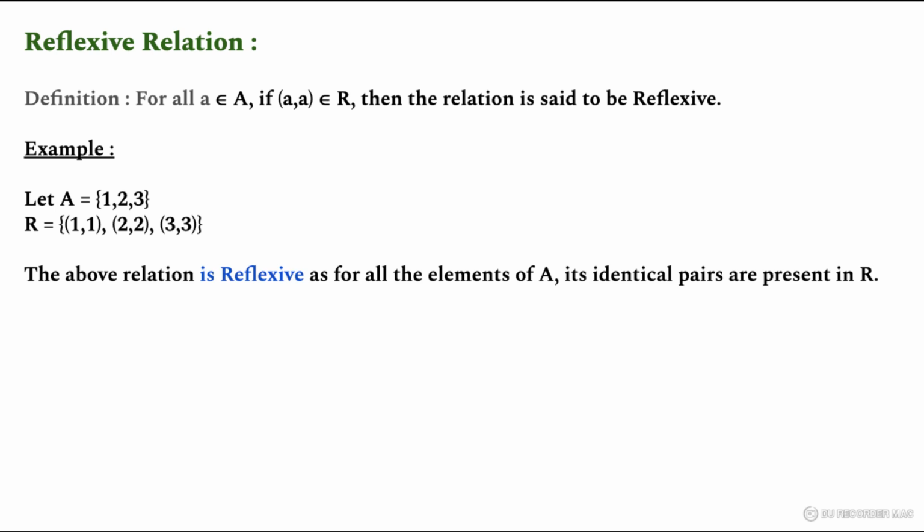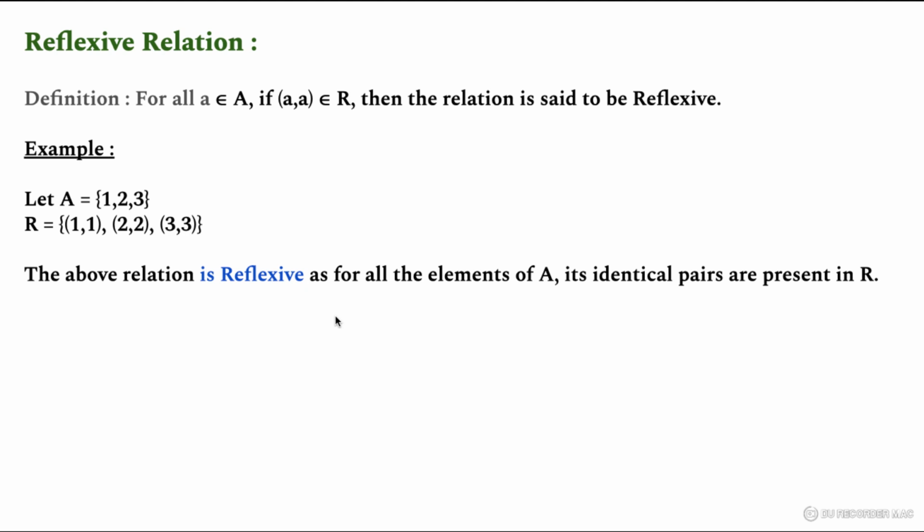Yes, this relation is reflexive because for all the elements of A, that is 1, 2 and 3, its identical pairs are present in R. The relation has (1, 1), which is an identical pair of element 1 in A. We have (2, 2), the identical pair of element 2, and we have (3, 3), the identical pair of element 3. So this relation is reflexive.